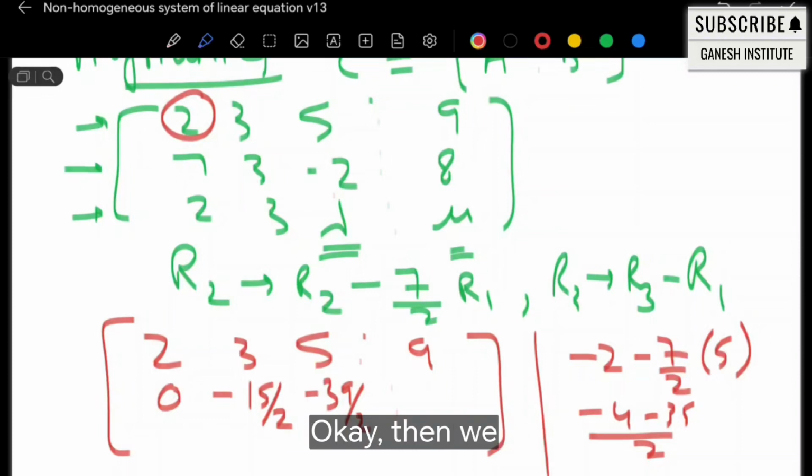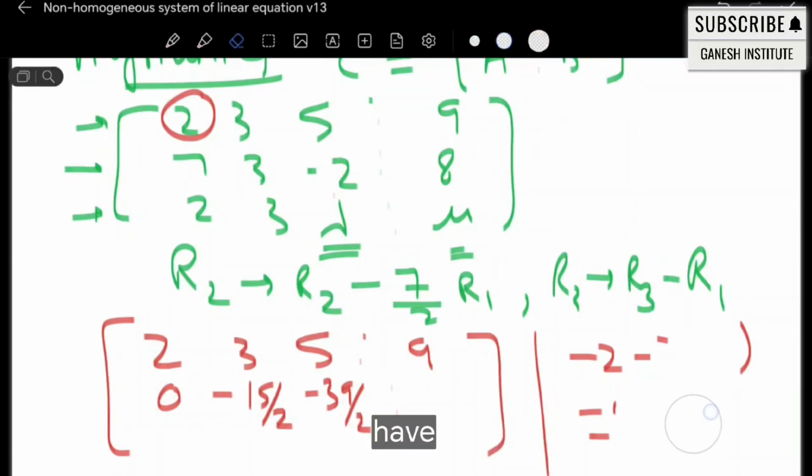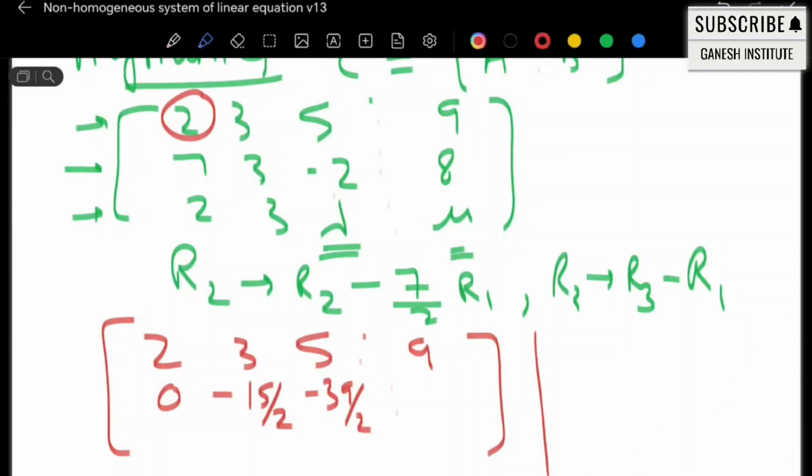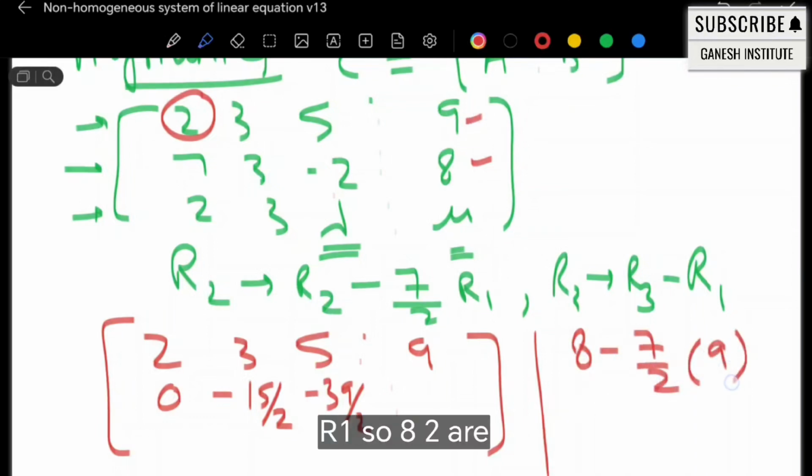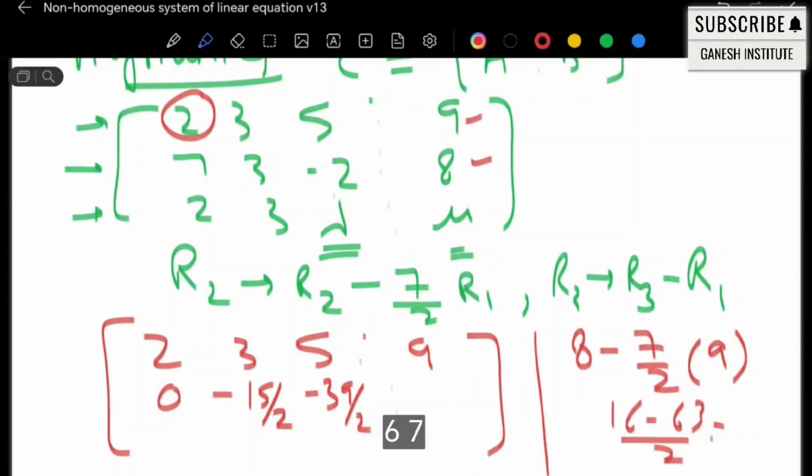Okay. Then we have again R2 minus 7 by 2 R1. So 8 2s are 16 minus 9 7s are 63 by 2. 13 minus 6, 7.